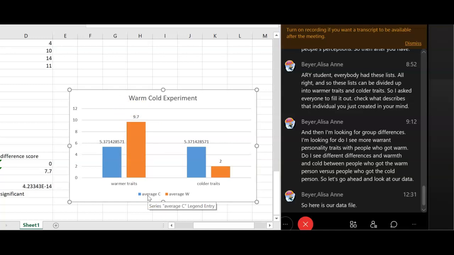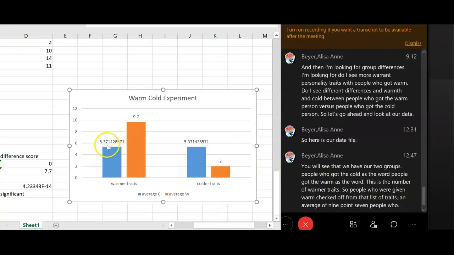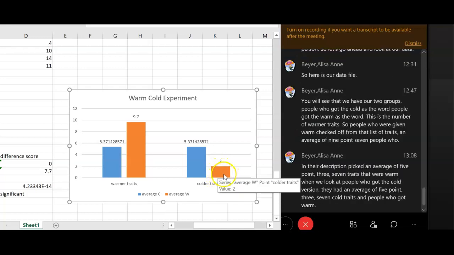People who got cold in their description picked an average of 5.37 traits that were warm. When we look at people who got the cold version, they had an average of 5.37 cold traits. And people who got warm picked an average of only 2 of the cold traits on that right side of the traits list.